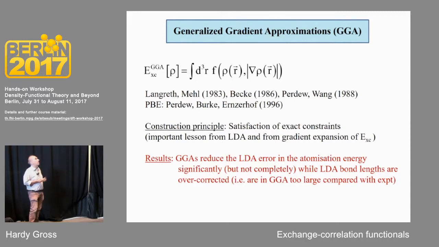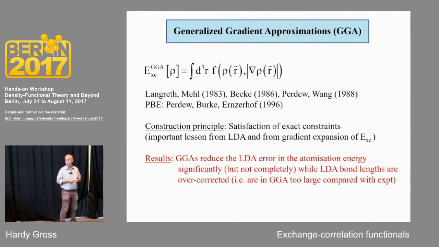Now I'm not writing down here the parametrizations, by the way. You don't learn much of this, so you can look it up in the literature. Parametrizations are a second step. But the important thing is to know which constraints to satisfy. Now, if you do calculations, then you find that the GGAs reduce the LDA error in the atomization energy significantly, but not completely, while the bond lengths are overcorrected.